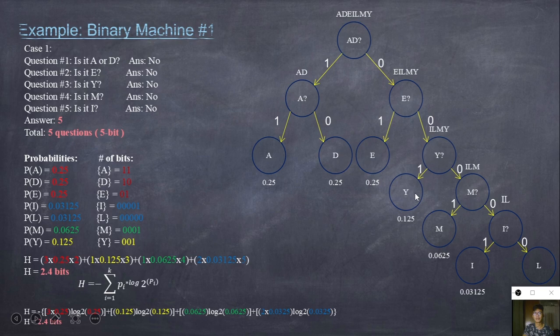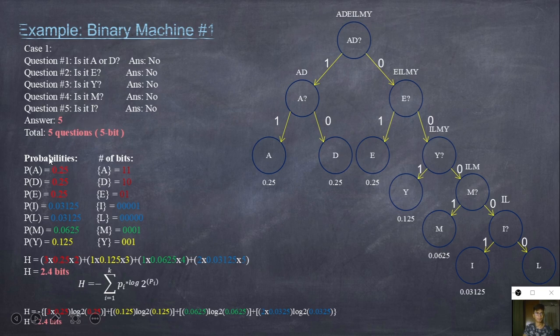For the third level, 0.25 divided by 2 results in 0.125. The same goes for 0.0625 and 0.03125. It depends on how many levels, that is, on its possible outcomes.